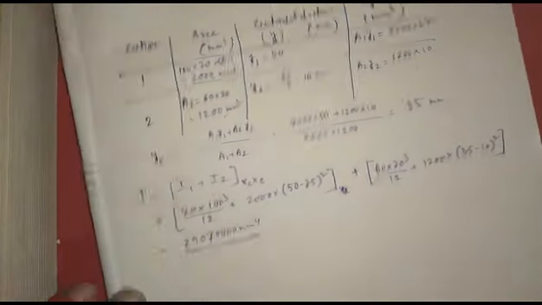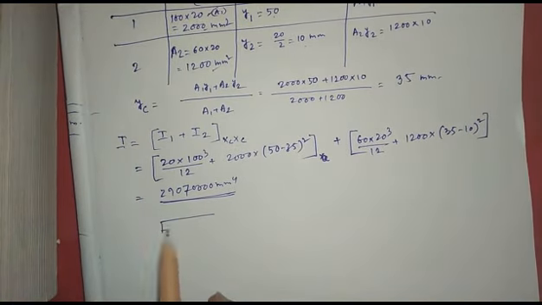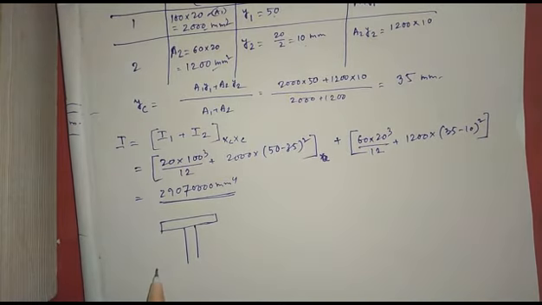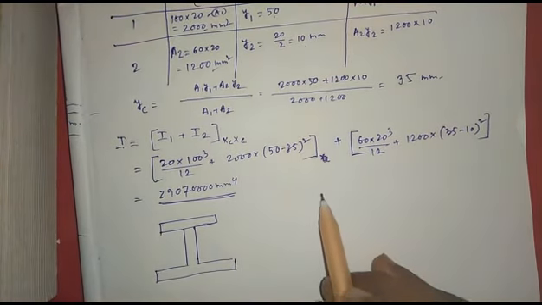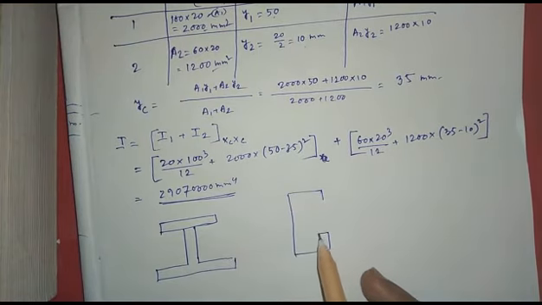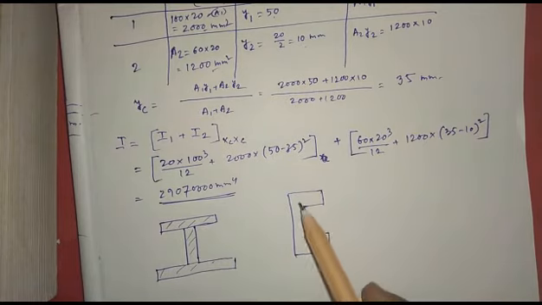I mean, if the section is say an I section, or a C section like this, you have to take three rectangles, say 1, 2 and 3.